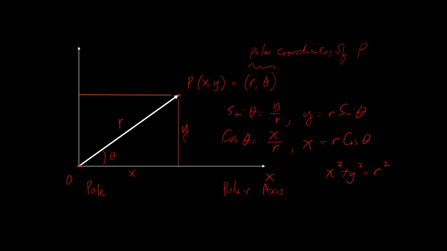So again, a point P can be represented by a pair of coordinates r, theta called the polar coordinates, where r is the radius and theta is the angle that the line makes with the polar axis. Unlike in the rectangular system where every point in the plane has only one pair of coordinates, there are several polar coordinates that may represent a point.